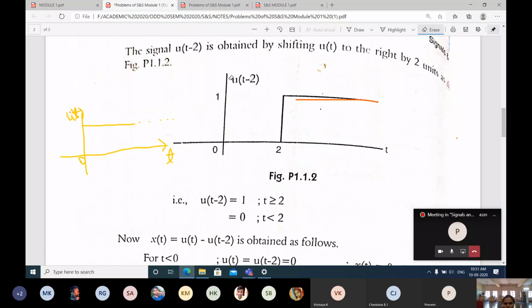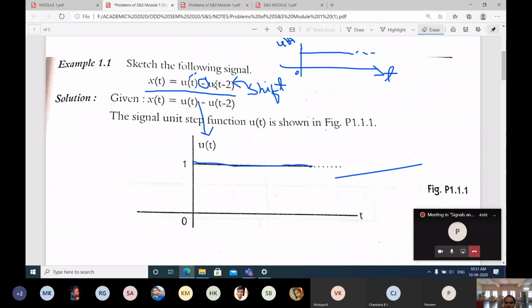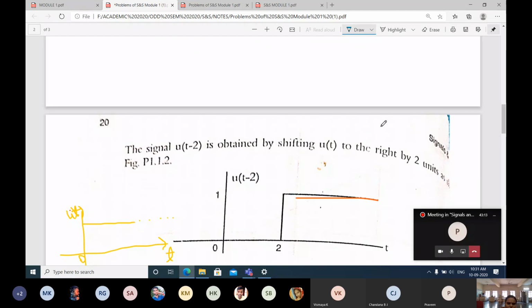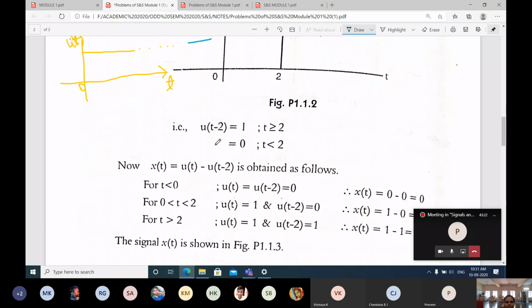What do we have to do with these two signals? What is the condition given? We have to perform subtraction, right? Means we have to subtract the u of t function with u of t minus 2, a negative operation we have to perform. Just observe here.